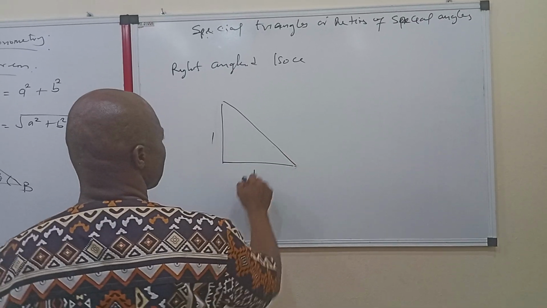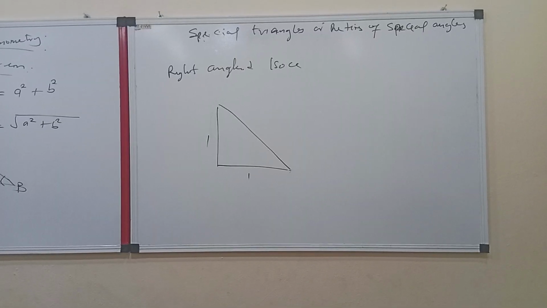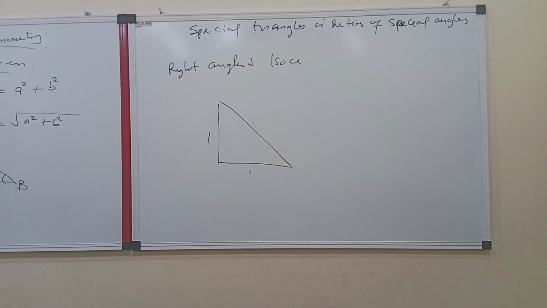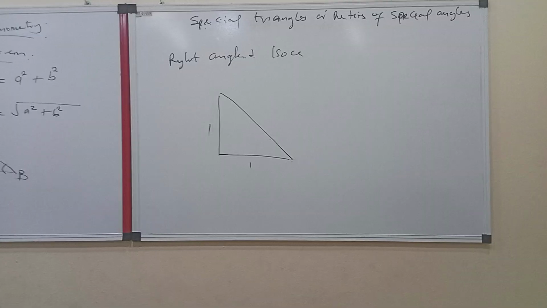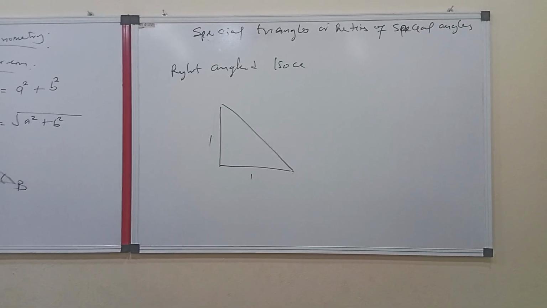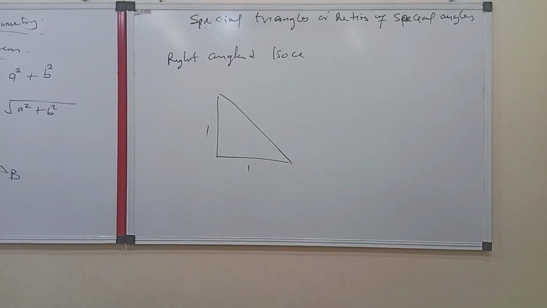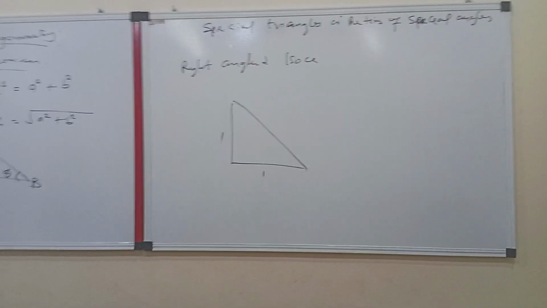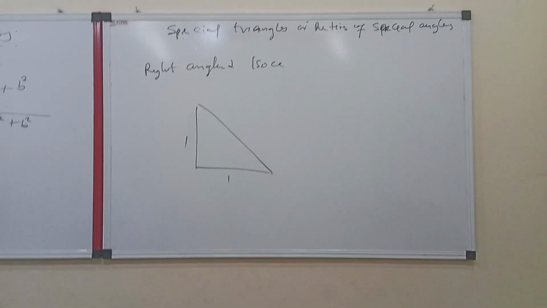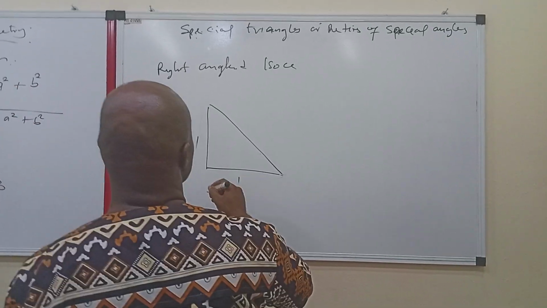Of sides 1 and 1. An isosceles triangle is a triangle whose two sides are equal. Now, if it has sides 1, we can always determine the other side using the Pythagoras theorem.